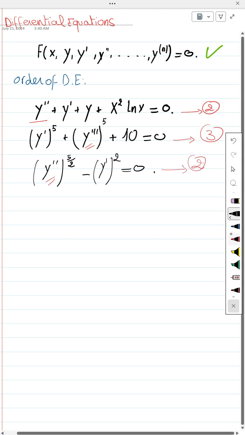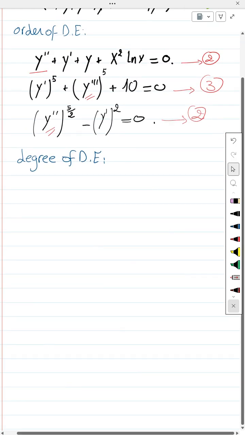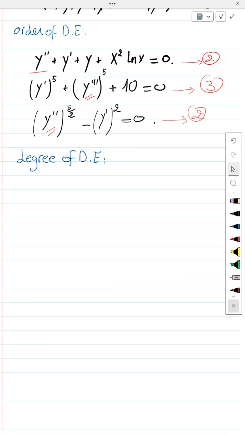Now we need to know another concept, which is the degree of a differential equation. The degree of a differential equation is just the highest power of the highest derivative, so it is the power of the order of the differential equation.